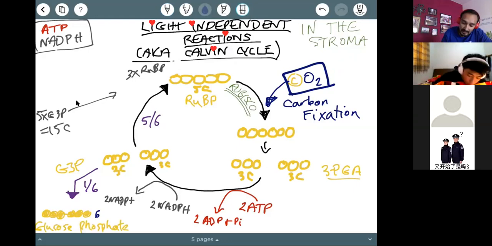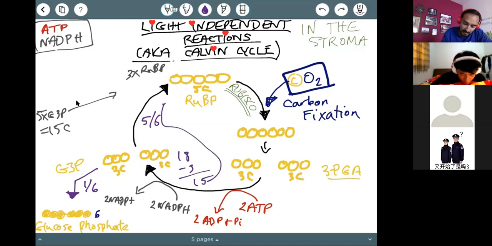If you do this 6 different times, how many carbons end up in G3P? 3 times 6, which is 18. From 18, take away 3, gives you 15, and then the 15 can carry on here.